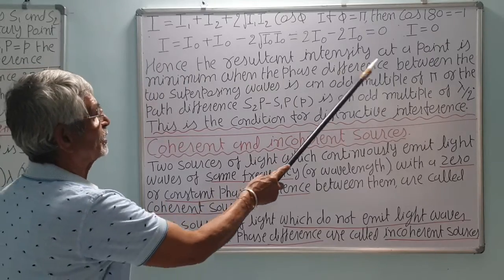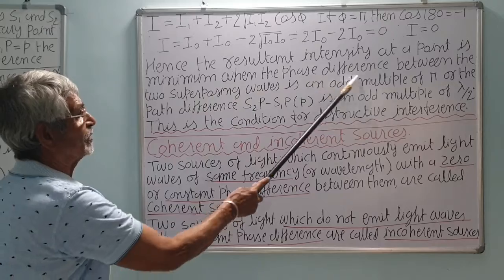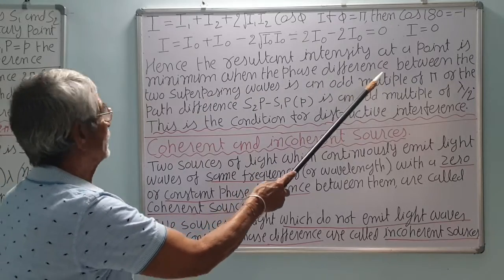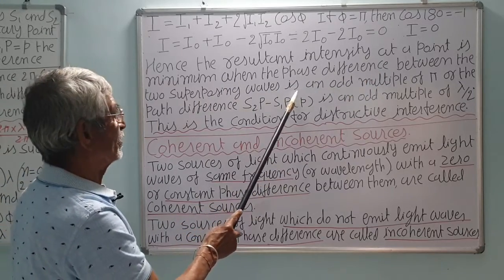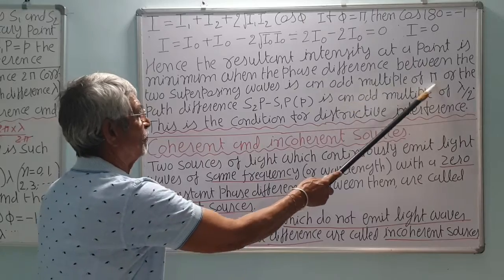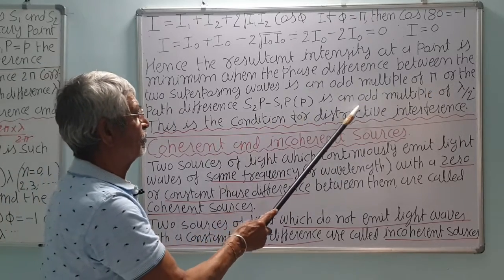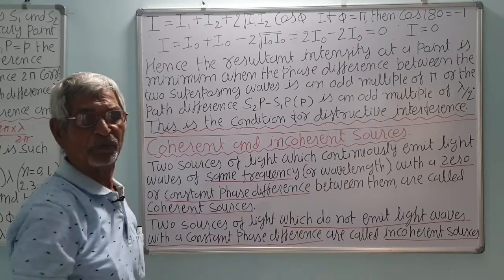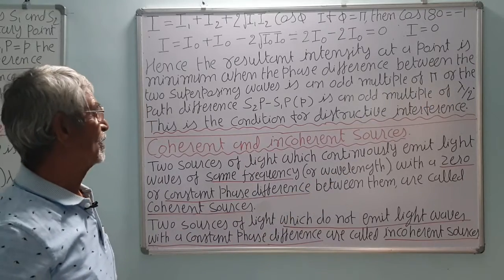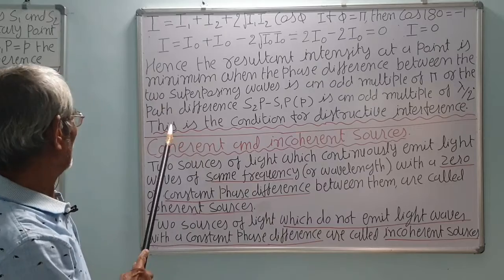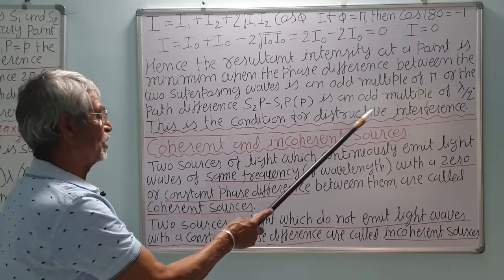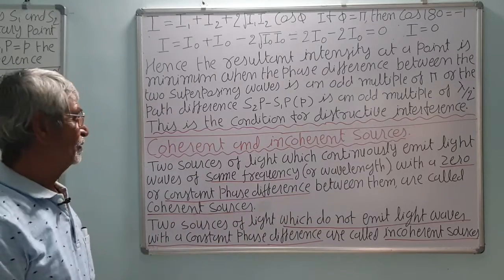Hence, the resultant intensity at a point is minimum when the phase difference between the two superposing waves is an odd multiple of pi, or the path difference S2P minus S1P is an odd multiple of lambda by 2. That is lambda by 2, 3 by 2 lambda, 5 by 2 lambda. This is the condition for destructive interference. Correct?